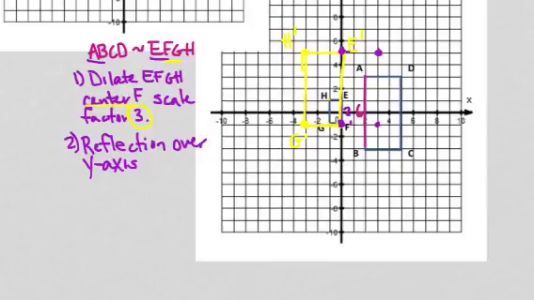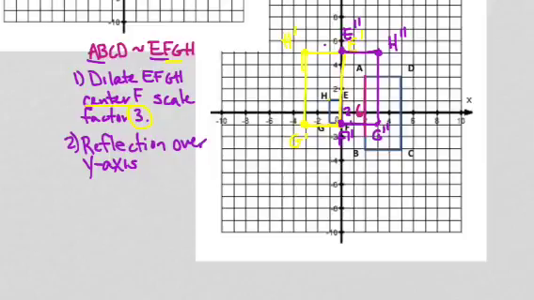So now we have this shape here, where we have this being E double prime. This is H double prime. This is F double prime. And this one here is, that was F double prime here. And let me get rid of that. And that should have been G double prime here. Sorry about that.